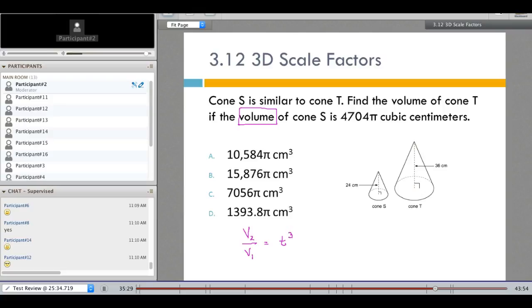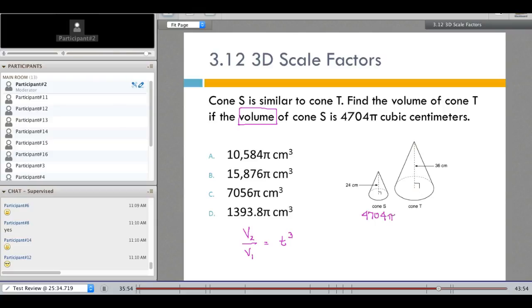So if we plug that in, we'll keep that as volume 2 since we don't know it. It's over 4704 pi. That's what volume 1 is. Do you see that? Volume 2 we don't know. Volume 1 is the volume for cone S, this number here. It doesn't look too pretty, but that's it.